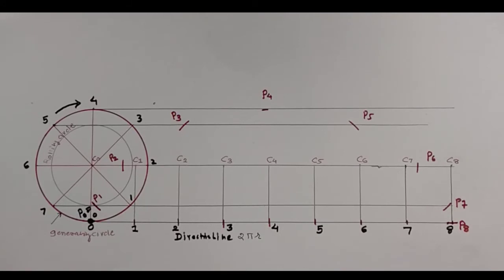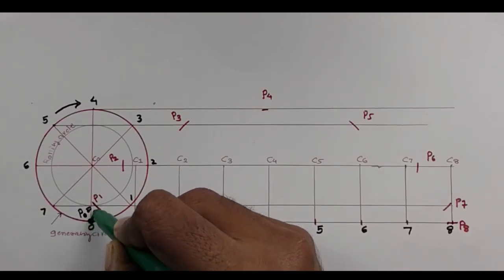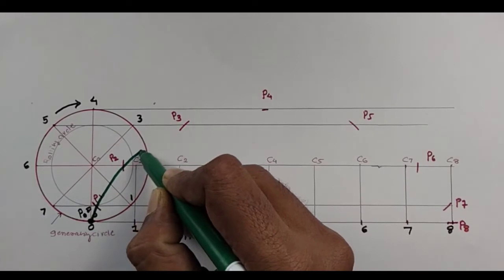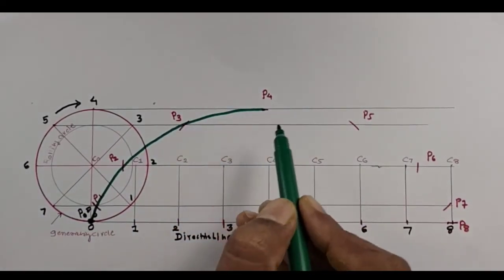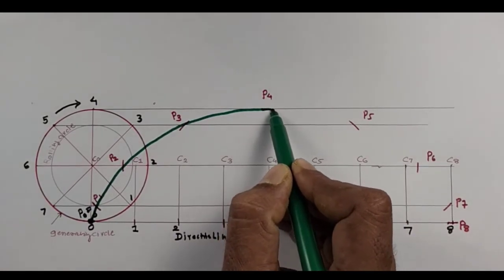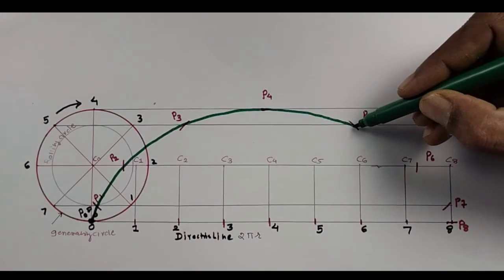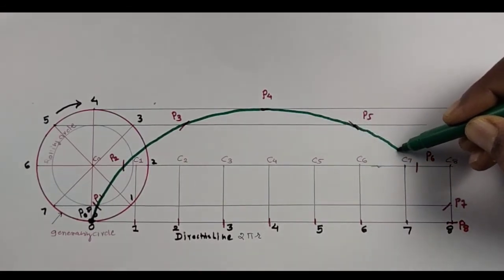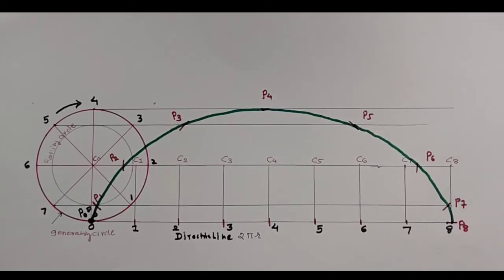Now I join all the points from P0 to P8 with a smooth curve. So P0, P1, P2, P3, P4, then P4, P5, P6, P7, P8.